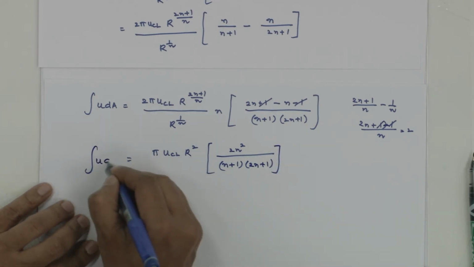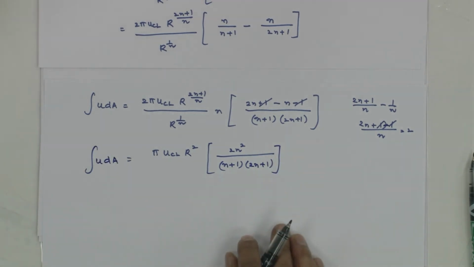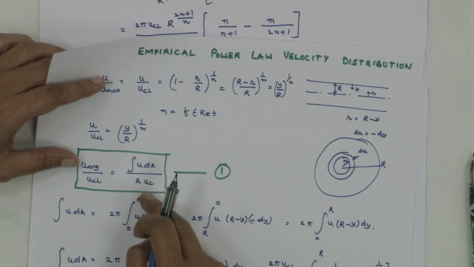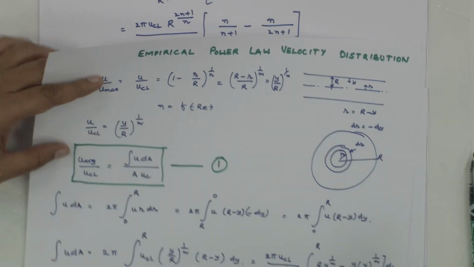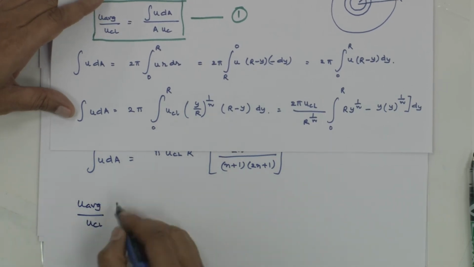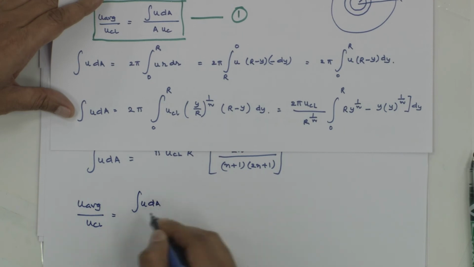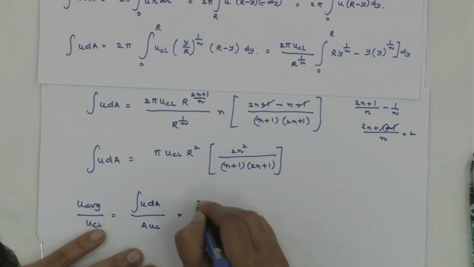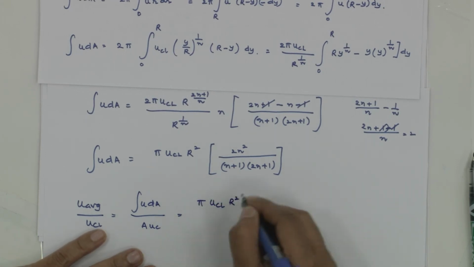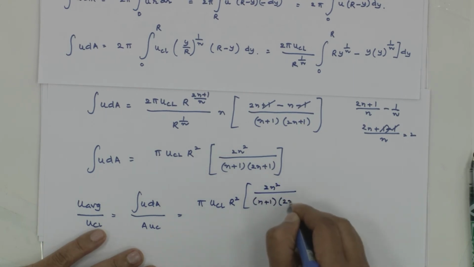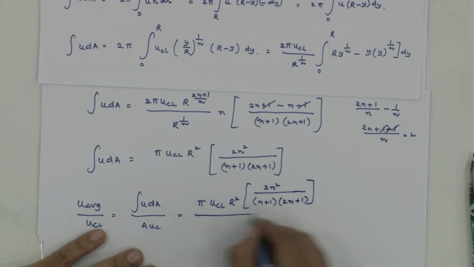If you recollect, we wanted a ratio, that was equation number 1, u_average by u_centerline, ∫u dA by A u_CL, that's what I wanted. So if I substitute that there, u_average upon u_centerline equals ∫u dA upon A u_CL. ∫u dA is what I have found, π u_CL r² into 2n² upon (n+1)(2n+1), upon area π r² into u_CL.